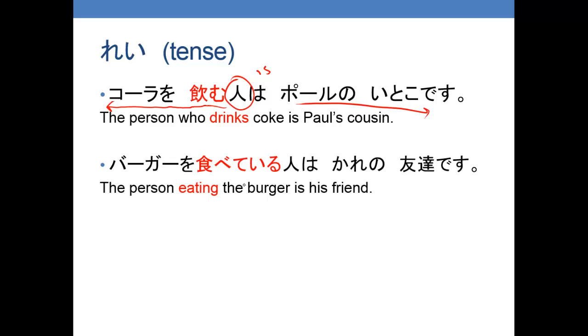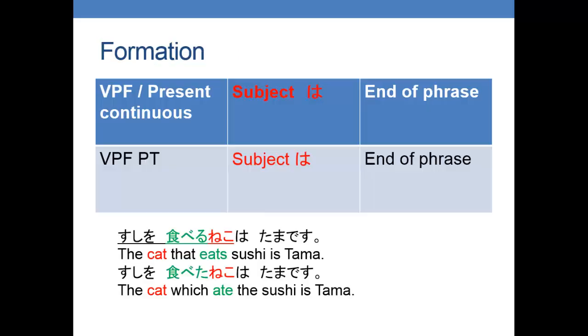Burger o tabeteru hito wa kare no tomodachi desu. The subject of the sentence again is a person. Tabeteru is the te iru form, eating, currently doing that activity, and burger is the noun. So the person eating the burger is his friend, finishing off that way.